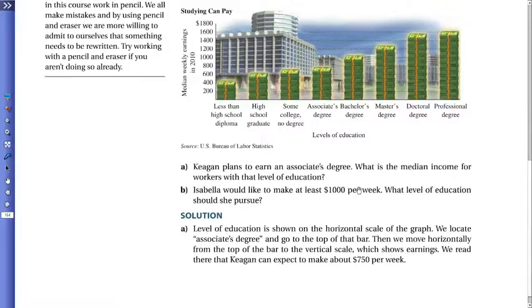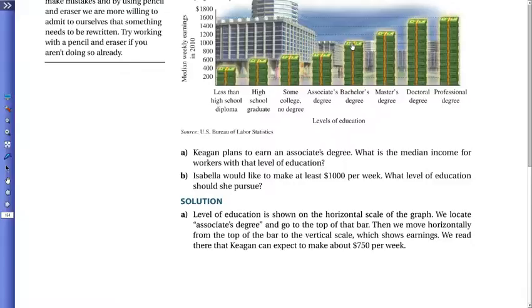So based on how I asked that question, you would really have to go up to the next education level to say I'm going to make at least $1,000 a week. If they judged by this graph that this $1,000 didn't reach $1,000, you'd have to get the master's degree level to answer this at least.